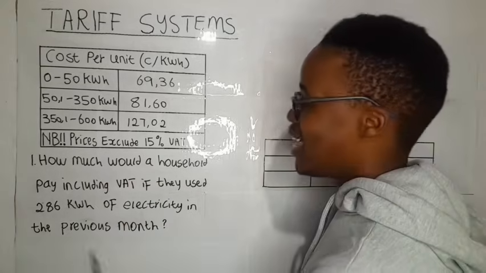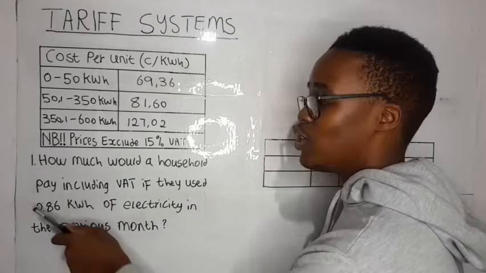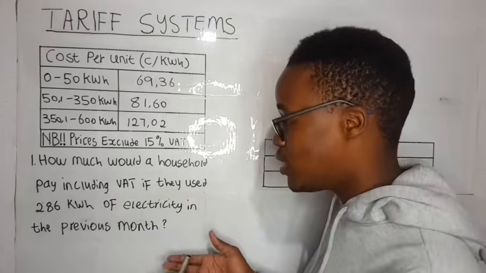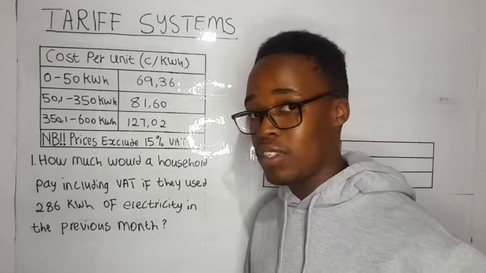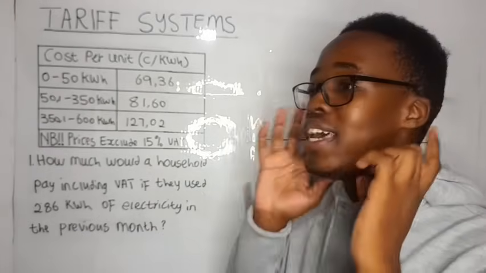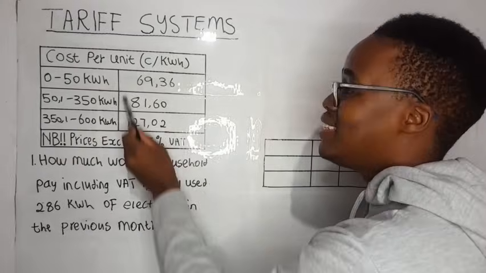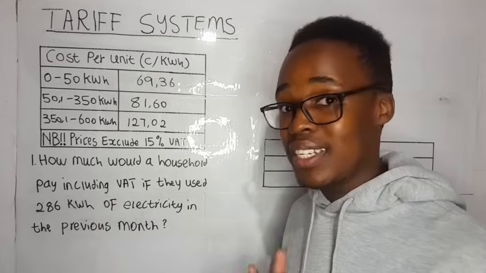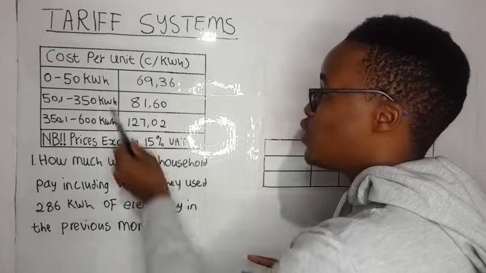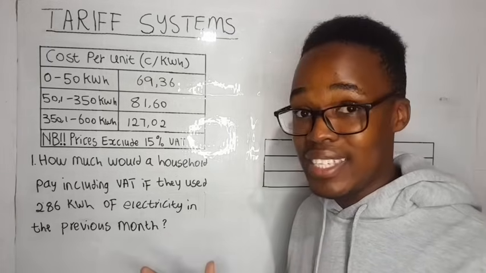How much would a household pay, including VAT, if they used 286 kilowatts of electricity in the previous month? Before you answer the question, make sure that you convert these amounts. Since they're written in cents, convert them into rands so that you can make the calculation very easily.